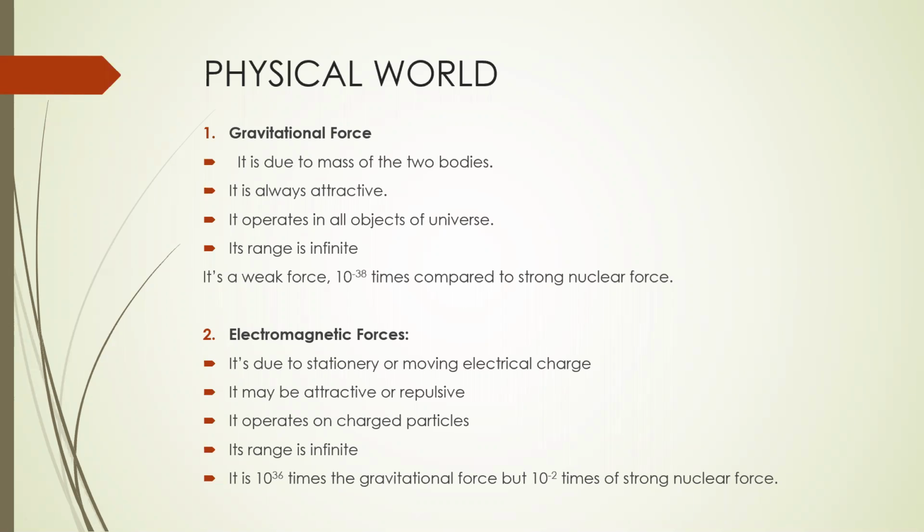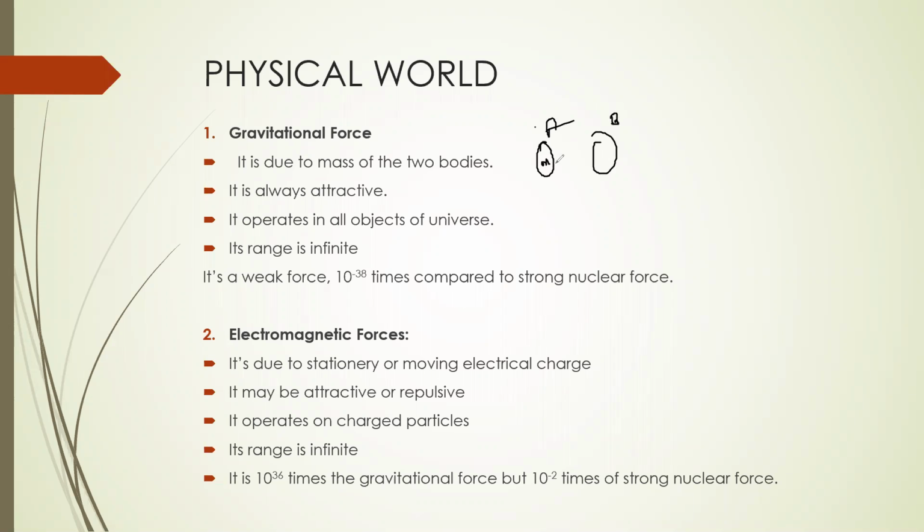Suppose we have two bodies, you can name them A body and B body, irrespective of the masses. Irrespective of the masses, in the sense that it is not necessary that both should be of the same size. One may be of bigger size, one of smaller size.